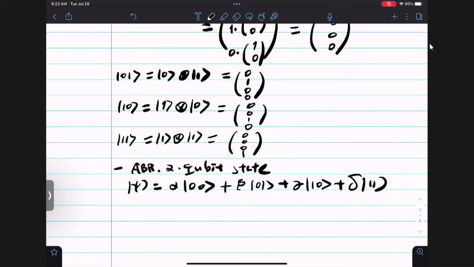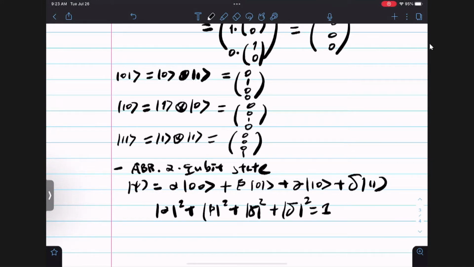And the only condition here is they have to be normalized, meaning the Euclidean norm has to be 1. So alpha squared plus beta squared plus gamma squared plus delta squared has to be 1.